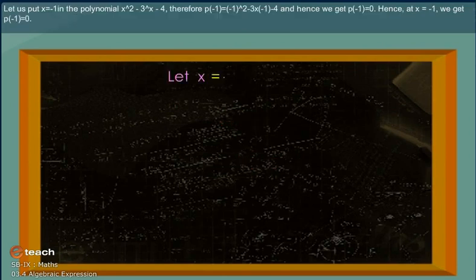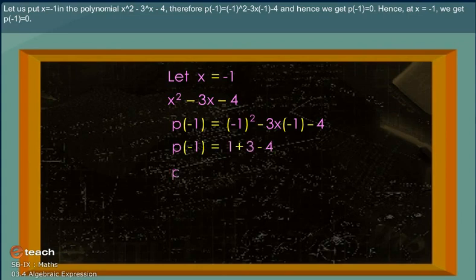Let us put x equal to minus 1 in the polynomial x squared minus 3x minus 4. Therefore, p of minus 1 is equal to minus 1 squared minus 3 into minus 1 minus 4. Hence, we get p of minus 1 is equal to 0.